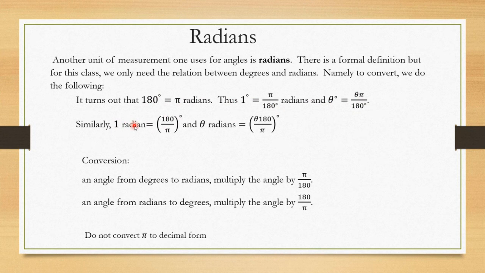And in a similar way, 1 radian is 180 over pi degrees. So theta radians is theta times that. I know this is probably confusing, what I've written. Really, the bottom line is this: to convert from degrees to radians, you want to multiply by pi over 180.